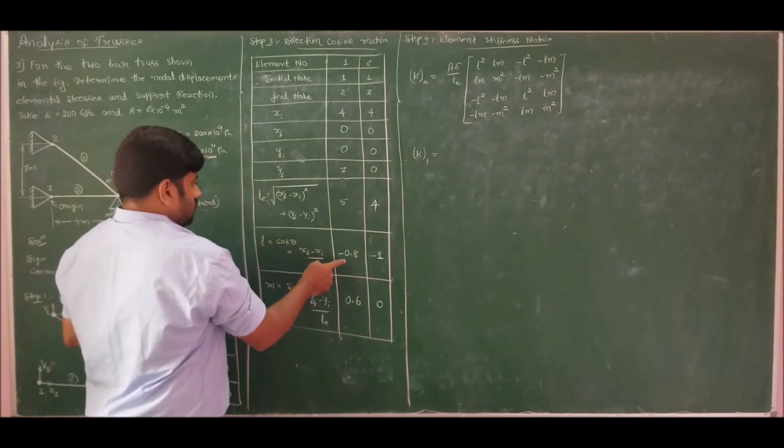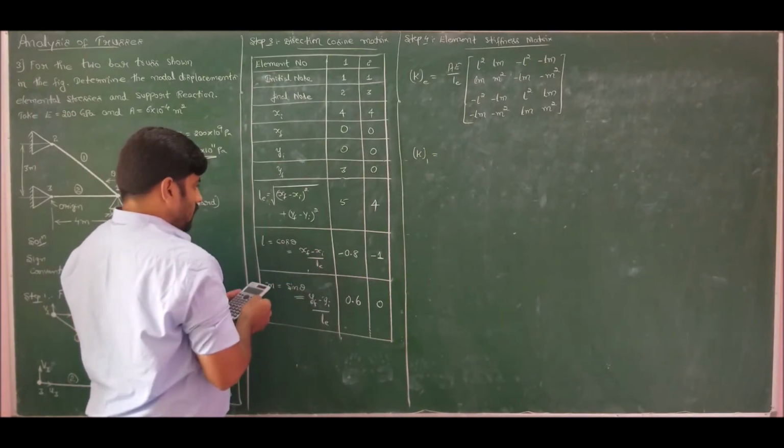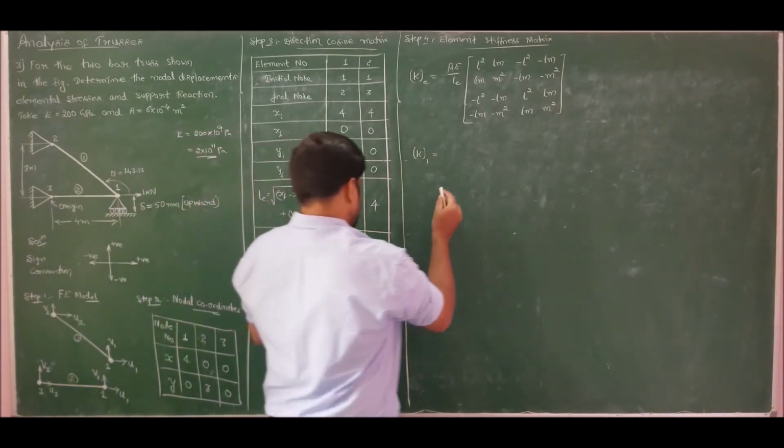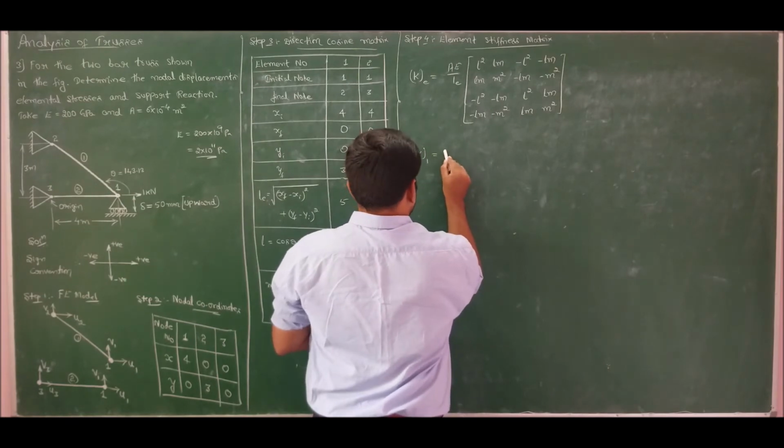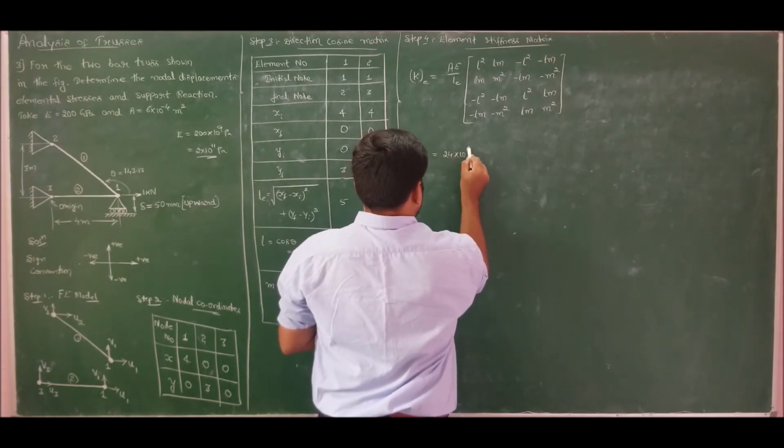Now we have L square as 0.8 square, which is 0.64. Let me write it to avoid mistakes. We got 24 into 10 to the power of 6.